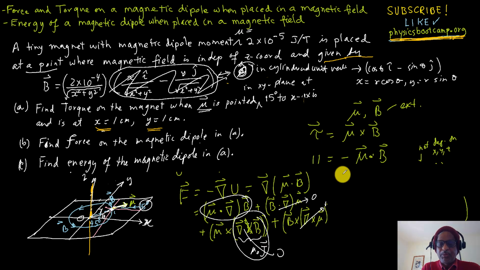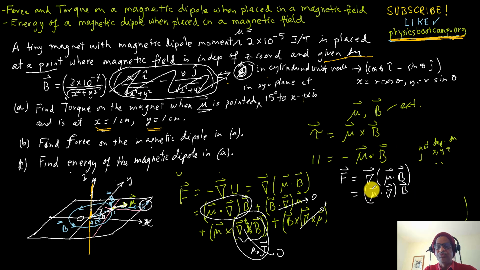So for the force, we can use del of mu dot B, or I can use mu dot del B, whichever is more convenient. Okay, so with that, you should be able to set it up and do this problem.